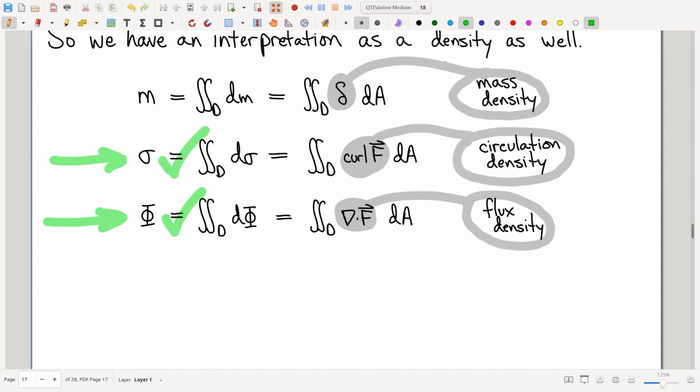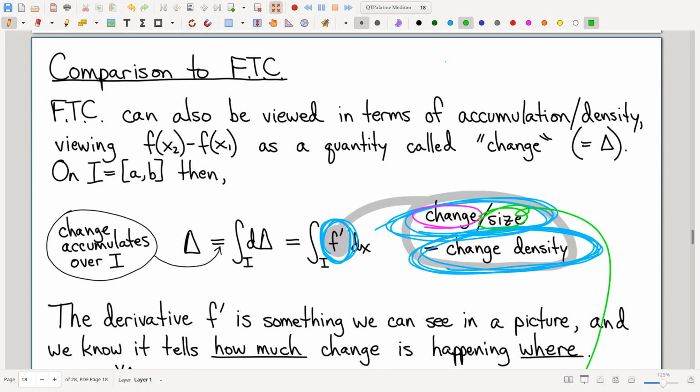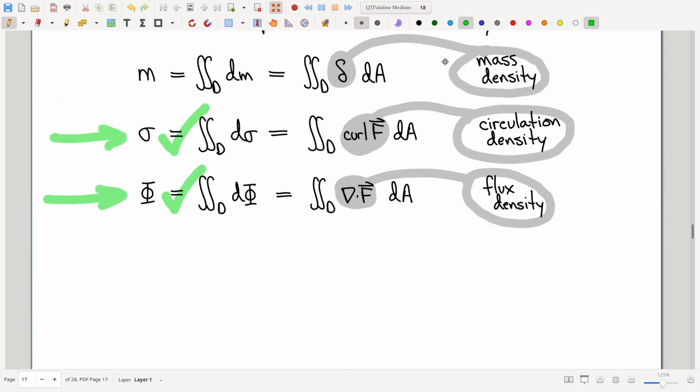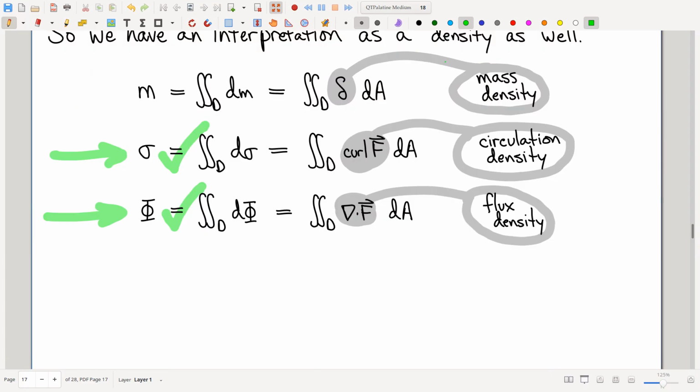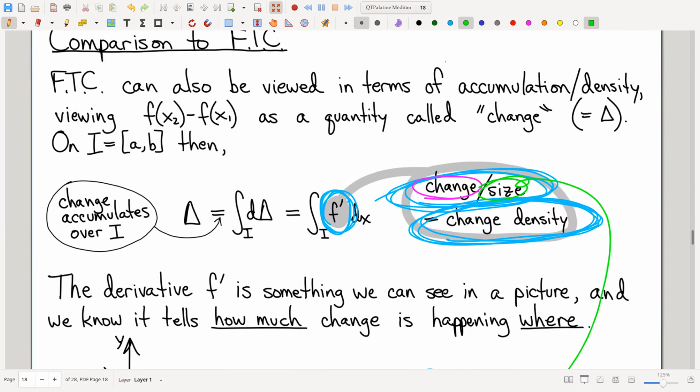And likewise, the derivative, among other points of view you could take, is analogous to curl and divergence. And so as you try to get comfortable with this idea, what do you mean circulation accumulates? What do you mean boundary flux accumulates? In what sense? Well, in the sense that change accumulates.